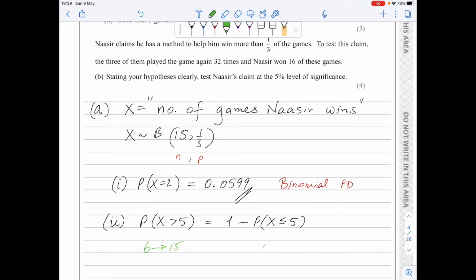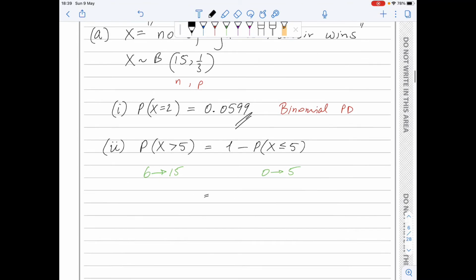Less than or equal to 5 is like taking 0 to 5. So this is 1 minus 0.61837, which comes out to be 0.382 to 3 significant figures. Note that I have used the binomial C&D option on my calculator.